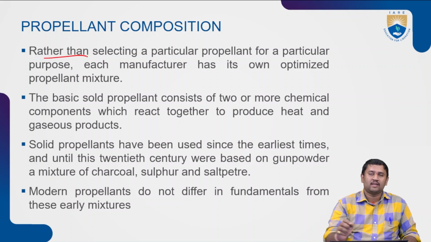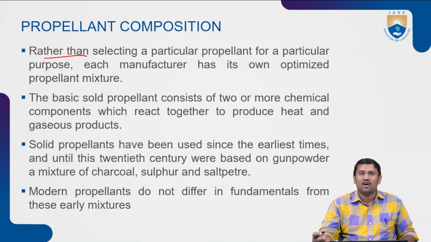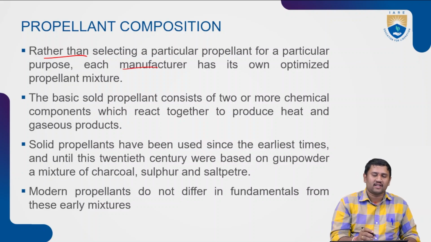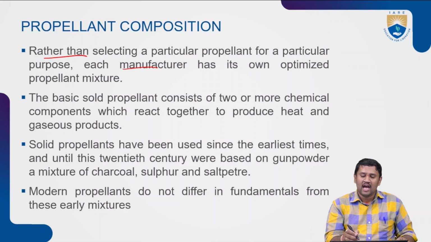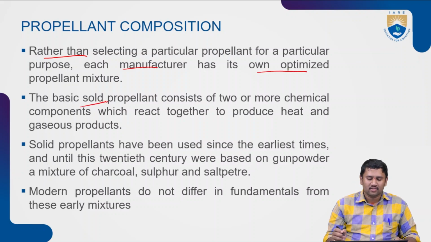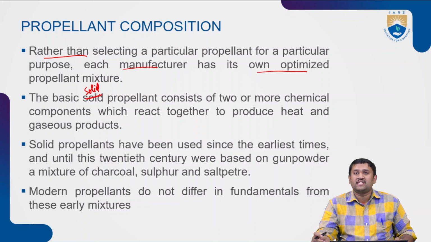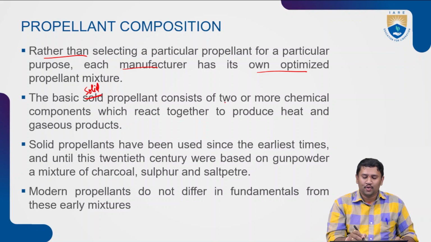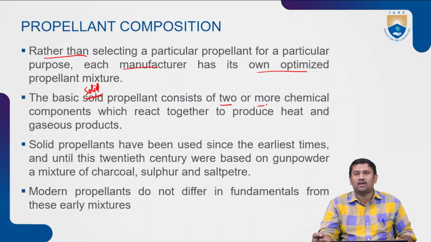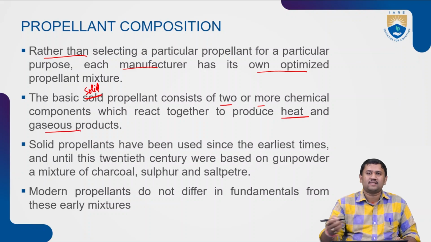Now, considering the propellant composition, rather than selecting a particular propellant for a particular purpose, each rocket propellant manufacturer has its own optimized propellant mixture. The basic solid propellant consists of two or more chemical components which react with each other to produce heat as well as gaseous products.